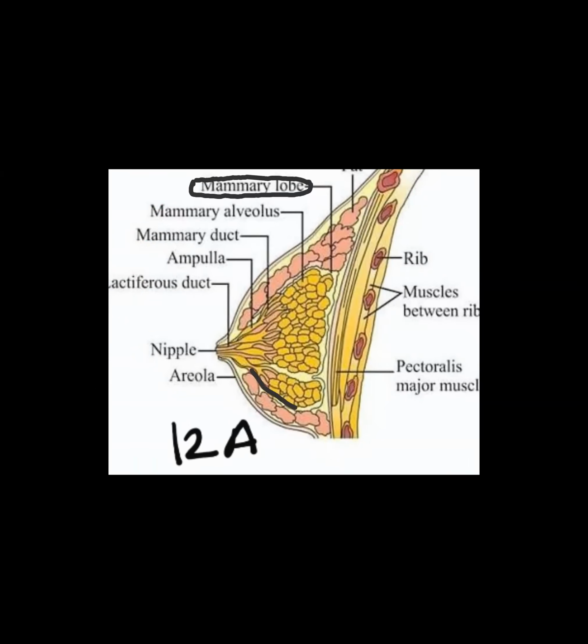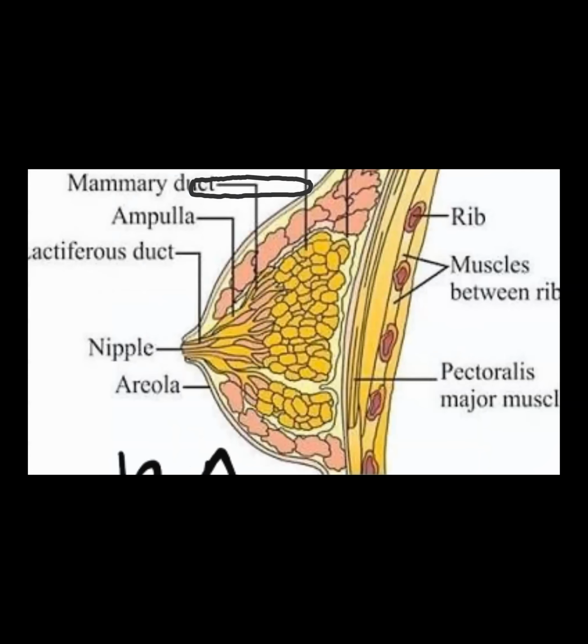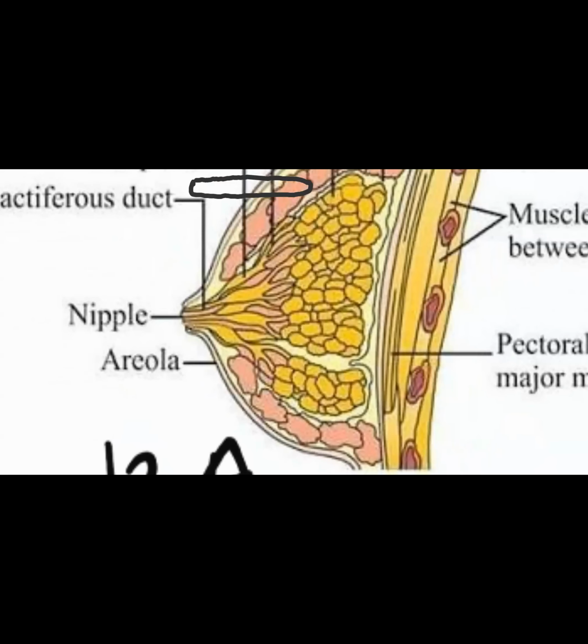This is one, this is another one, this may be the third, the fourth, the fifth, and so on. You cannot see all from a 2D diagram, but otherwise there are 15 to 20 such lobes, each one termed a mammary lobe.